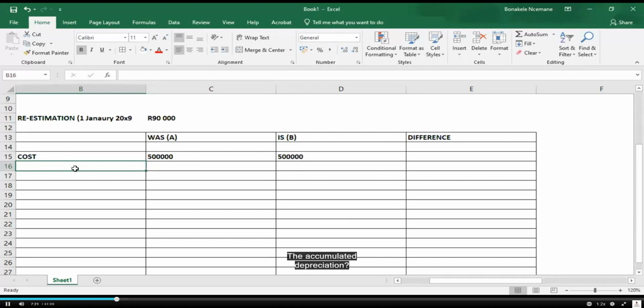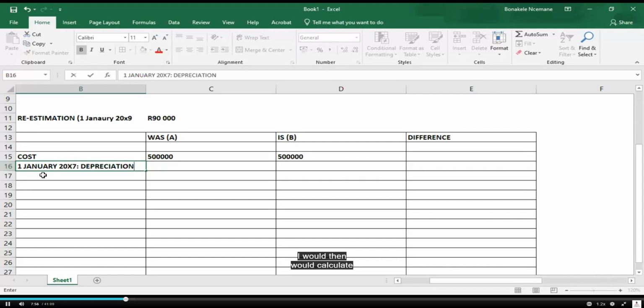The accumulated depreciation is the accumulation of all the depreciations. For example, since we purchased this machine at the beginning of 20X7, on 1 January 20X7, what was the depreciation then?